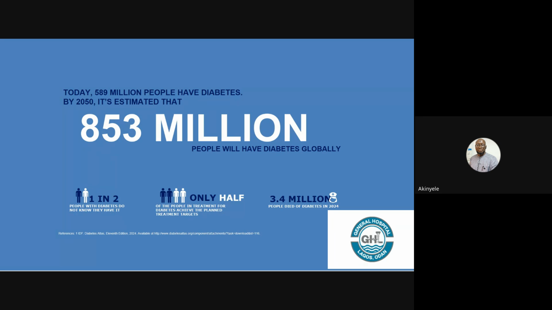And the numbers are expected to rise. In the next 25 years, the projection is that we have about 850 million people globally having diabetes. Diabetes kills more people than tuberculosis and HIV combined. So it's a very serious ailment.